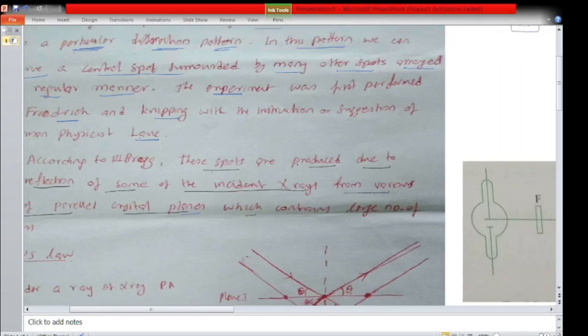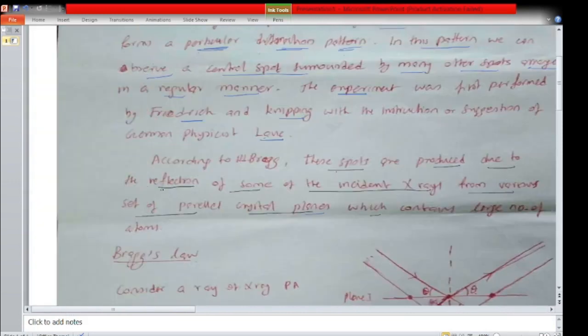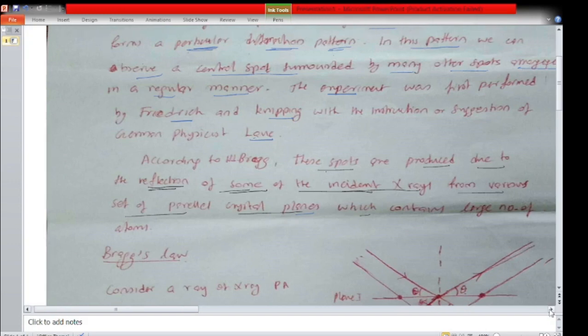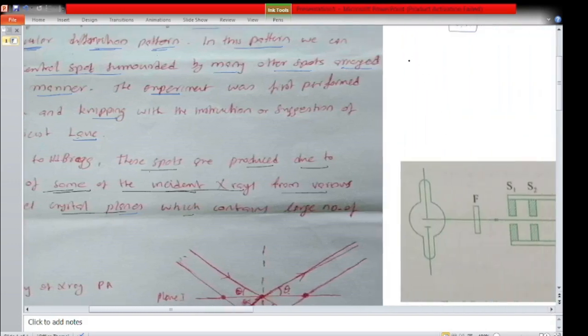So according to him, these spots are produced due to the reflection of some incident X-rays from different planes of the crystal. If you consider a complete crystal, it contains many planes, and if X-rays are reflected from those planes, because of that reflection these patterns are formed.